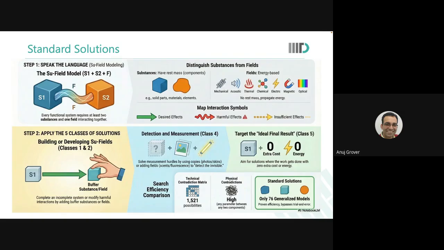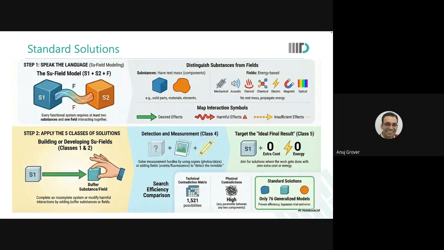So what he did was he said that in this language, the components can either be substances or fields. So what are substances and what are fields? They're all components of my engineering system, but which one would be called substance and which one would you call fields? Components that have a rest mass are substances.